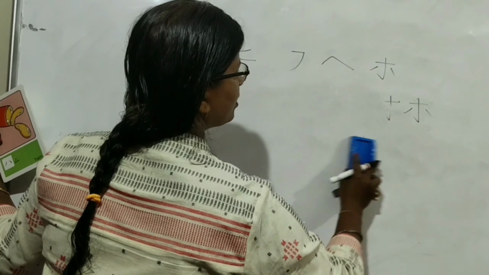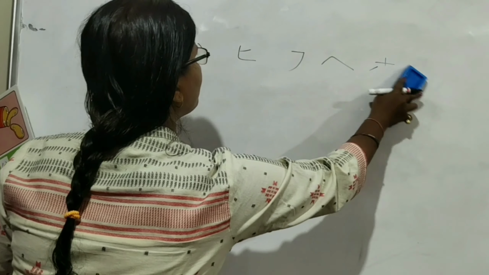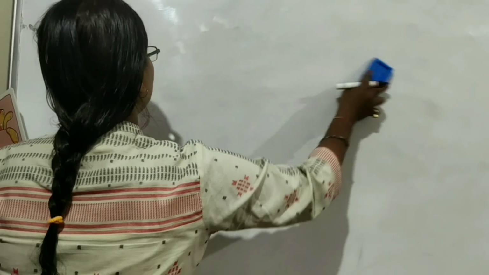We also have the alphabet with voice mark and plosive mark in katakana. Pronunciation is also the same.